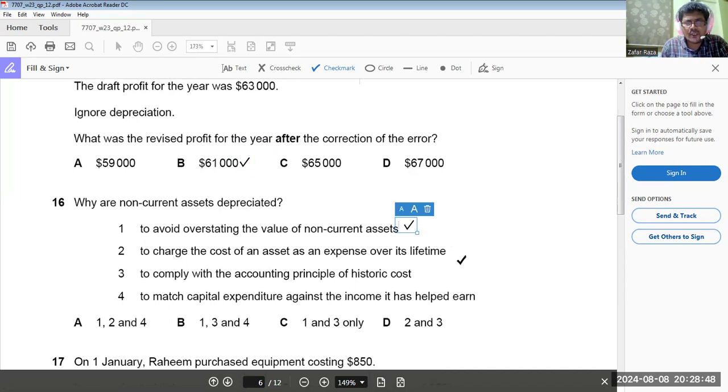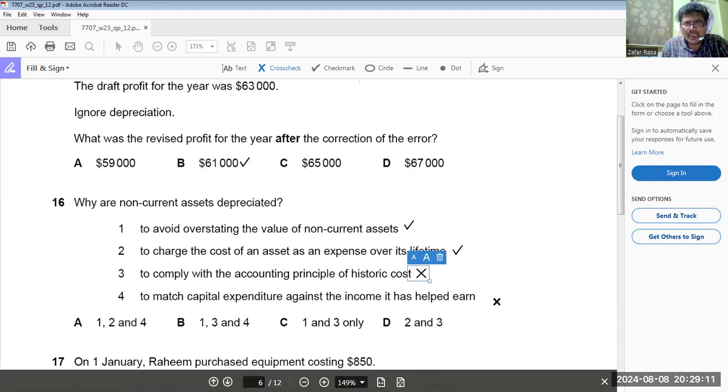To charge costs of an asset as an expense over its lifetime, yes. To comply with the accounting principle of historical cost. Okay. No. We do not depreciate asset for the historical cost assumptions.